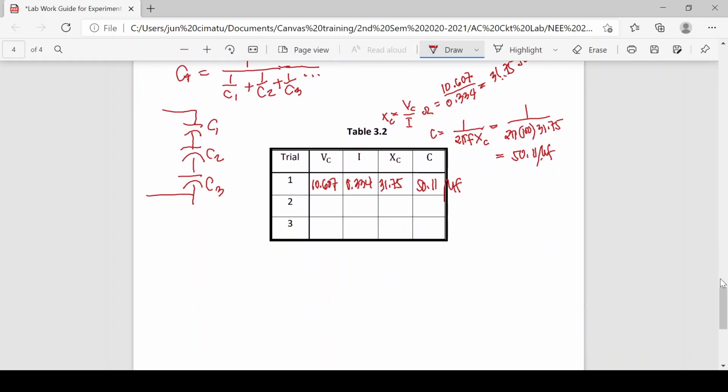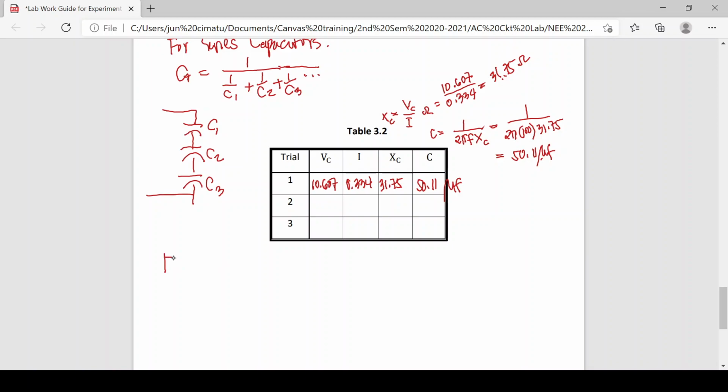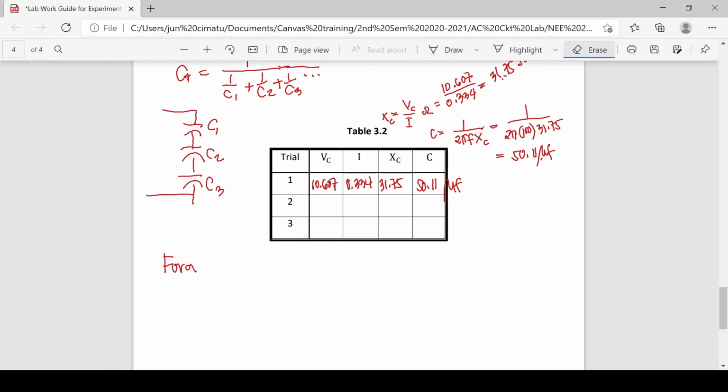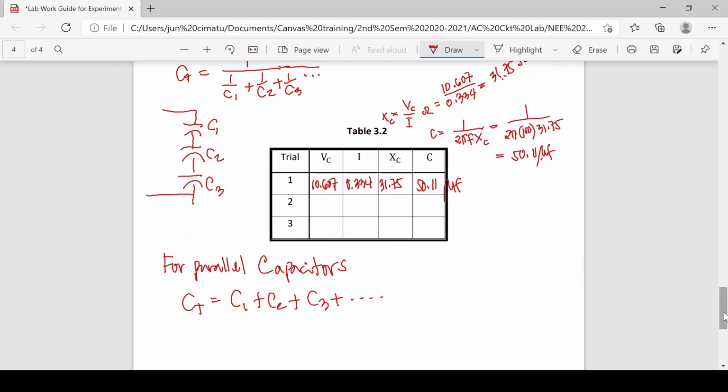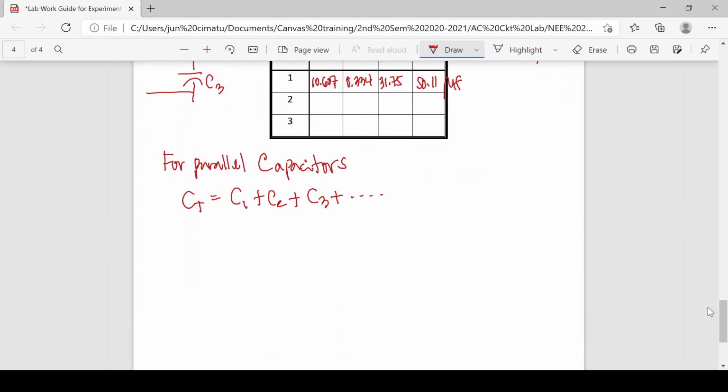In connecting capacitors in series, you have to take into consideration the terminals having the same polarity. For parallel, the C total is simply C1 plus C2 plus C3, plus more if there are more than 3 capacitors connected in parallel.